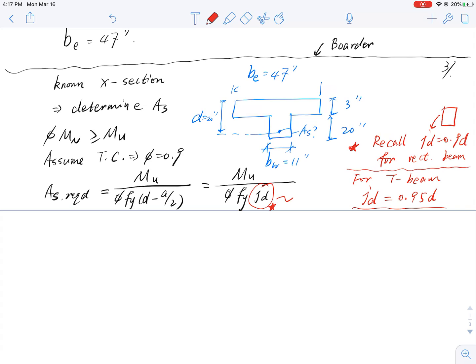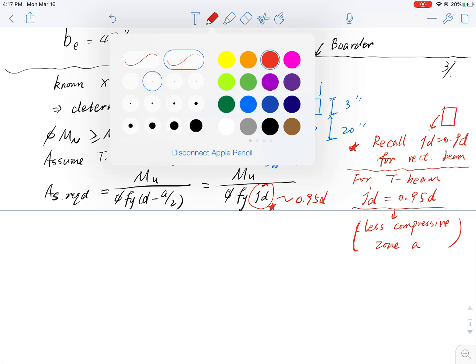So why is it deeper? Just because I have less compressive zone a compared to a regular beam. So now we know that this is approximately 95% of the depth d. So be careful, okay? This is a bit different.